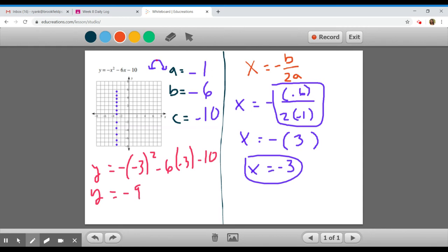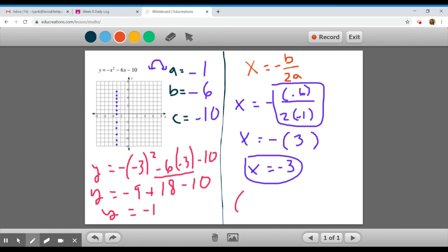So really carefully paying attention to order of operations. For the next piece of my equation, -6 times -3, that's a positive, +18, minus 10. I'm going to mentally regroup that -9 and -10. -19 plus 18, y equals -1.